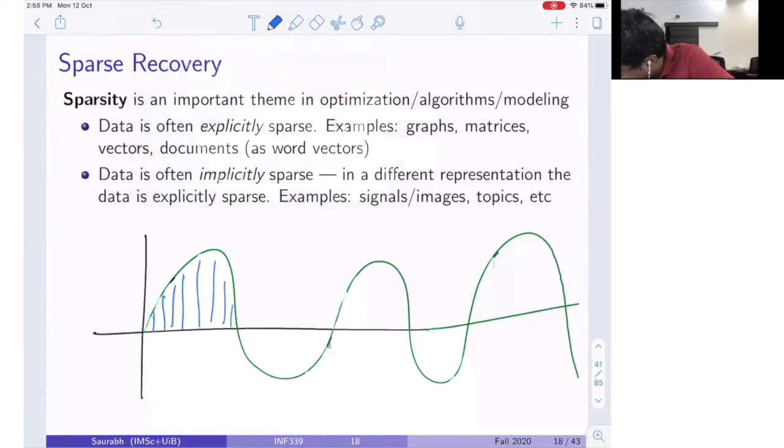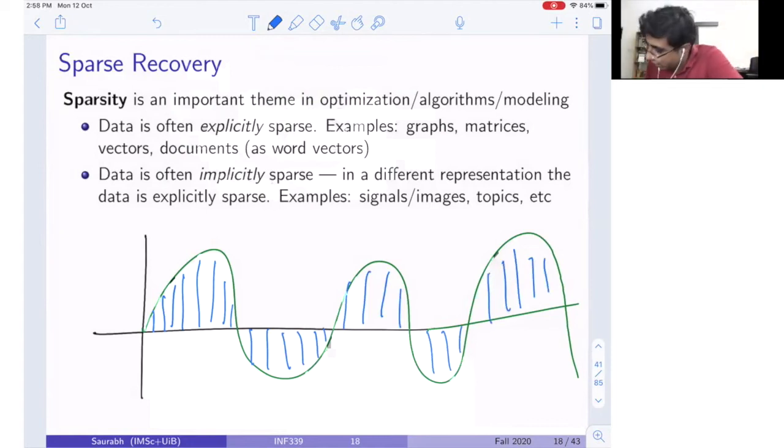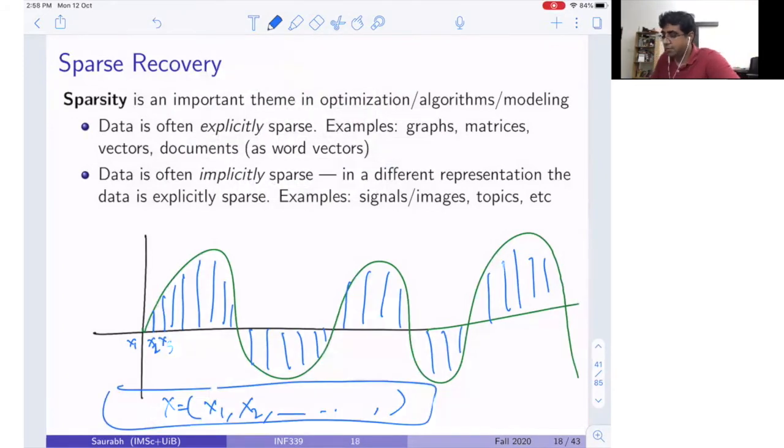You discretize them and write your x as x1, x2, x3, and so on. If you notice, this vector x is not at all sparse. It is actually quite dense.